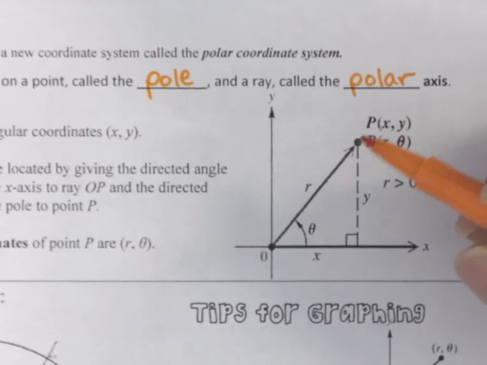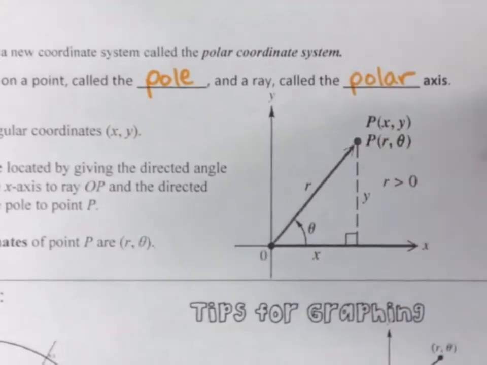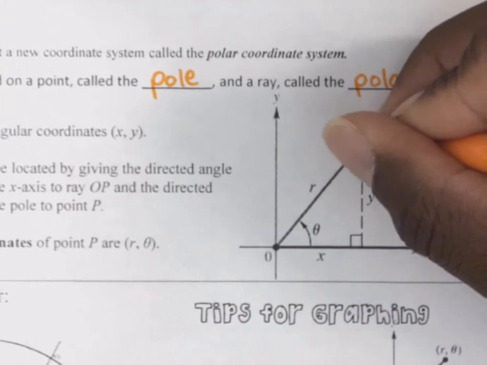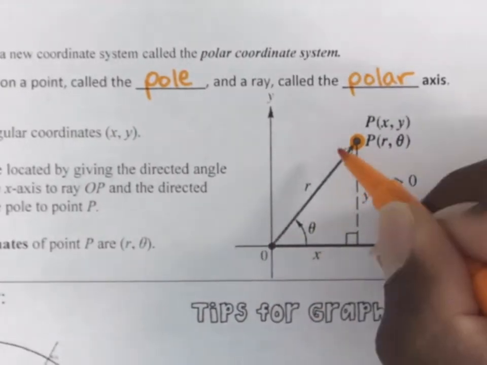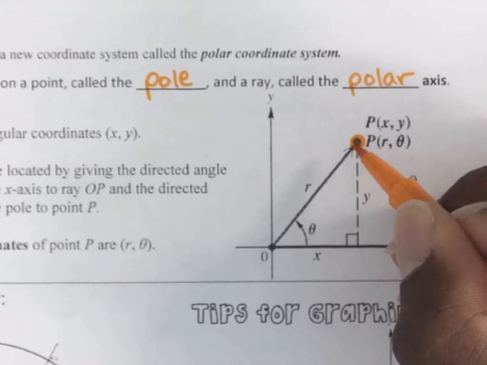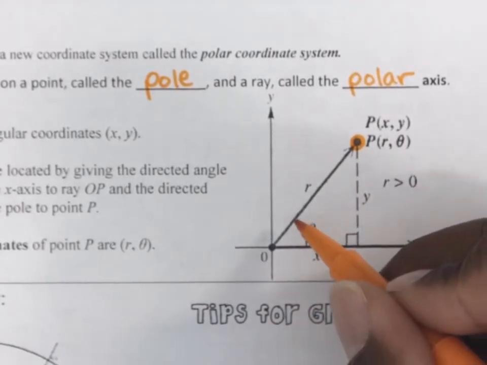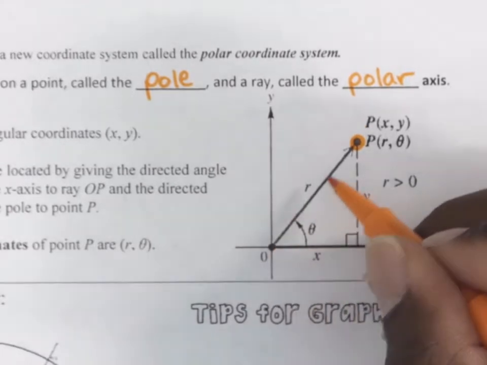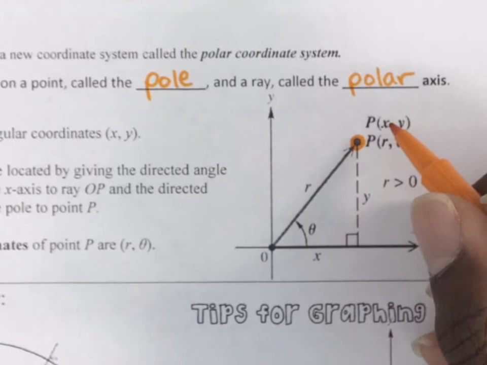So together they get you to this point. We got 2 ways of getting to this specific point right here. One way is you go right by X, you go up Y, and boom, I'm right here. Another way is you rotate by this amount, and then you go out by this amount to get to this point.